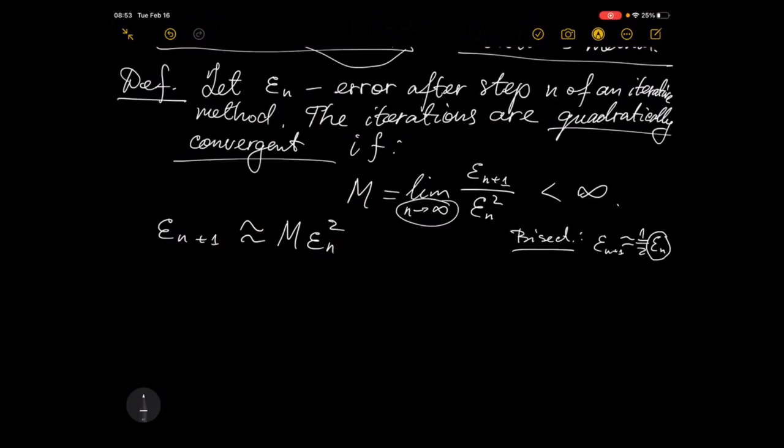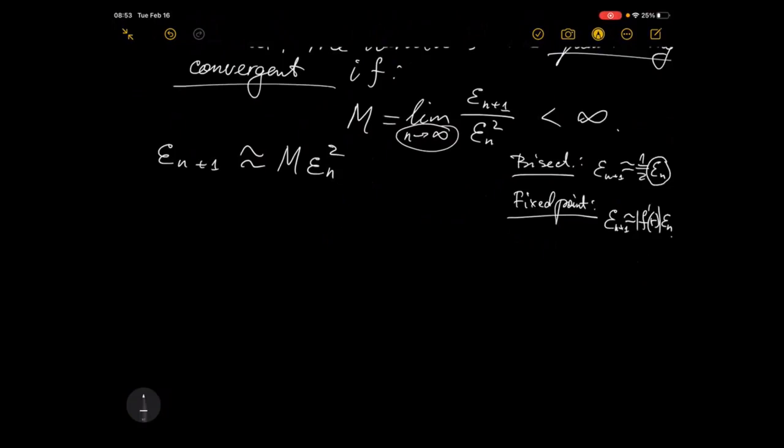And for fixed point iterations we had this, and you remember that the sufficient condition for convergence was that this is less than 1, so the error is decreasing. Now let me prove that Newton's method has quadratic convergence.